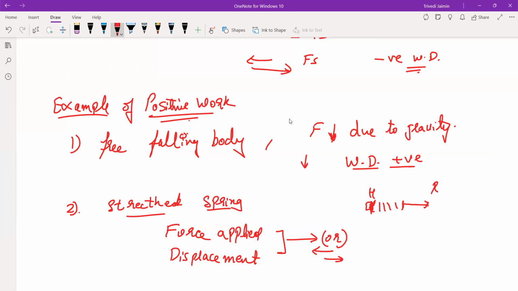Right side. Now which direction is the motion? That is also on the right side. We are pulling this side, so the spring moves to the right. So force and direction of motion or displacement are on the same side. Are you able to imagine what I'm saying?